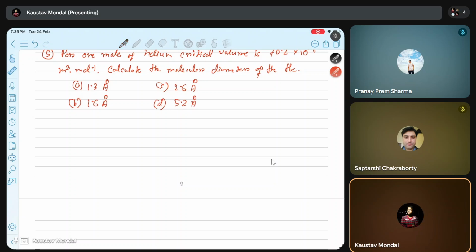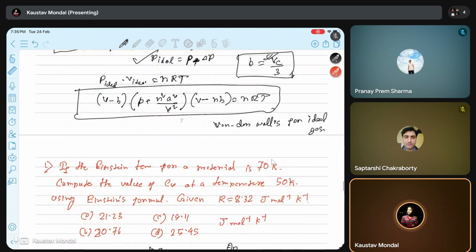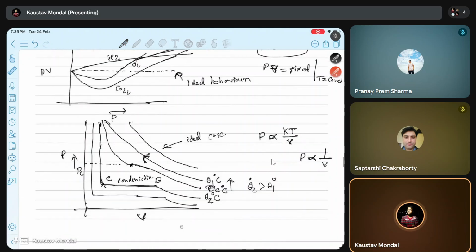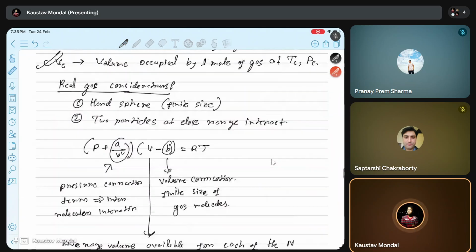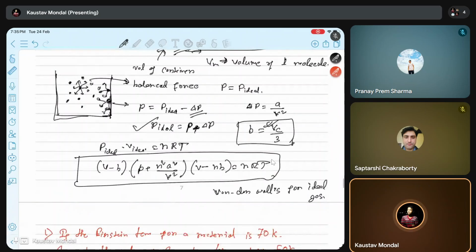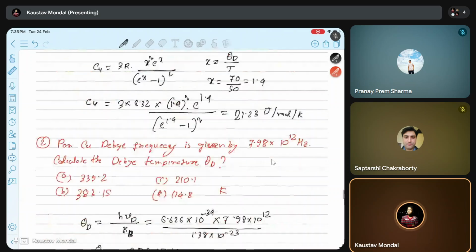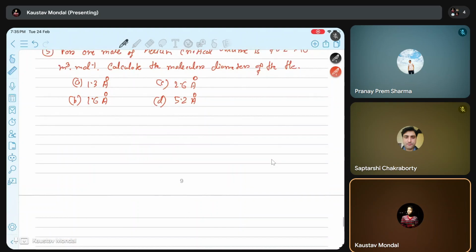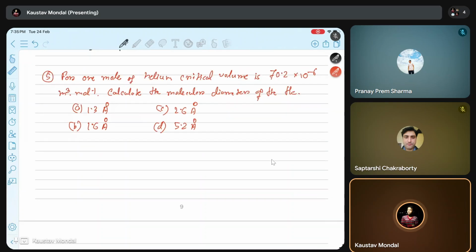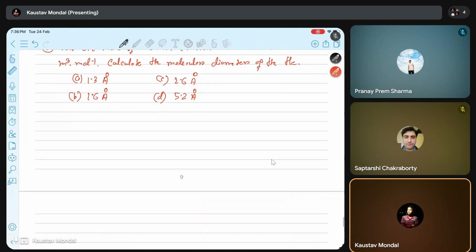Now here, previously I've discussed, right? There is a relation between this co-volume b and the critical volume Vc. So this was the relation that we have discussed, and you have to use this relation. Since the co-volume is not mentioned directly, instead the critical volume is given, you have to use that one only. So b equal to Vc by 3.